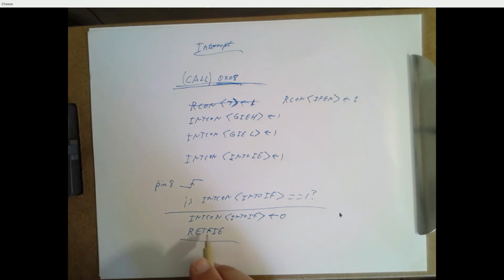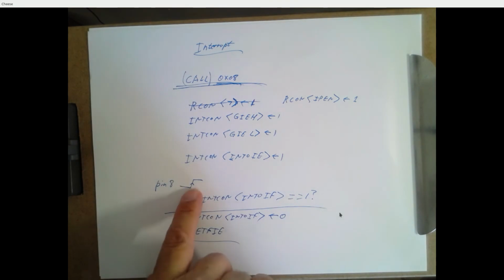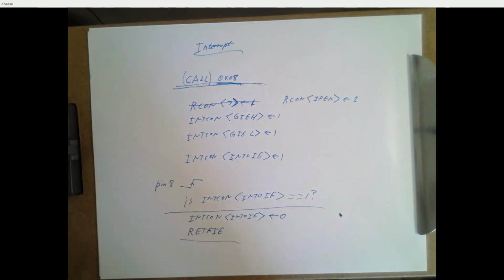What does RETFIE do? Well, it does a return from the interrupt, but it also re-enables interrupts. Because once we're getting an interrupt, we can't get interrupted again. Okay, this is better than a cell phone. While you're reading your text message, you're not allowed to get another ring from your phone saying, hey, you just got another text message. So it forces you to do one thing at a time. You get an interrupt because pin 8 raised, and you start doing things inside this interrupt routine.